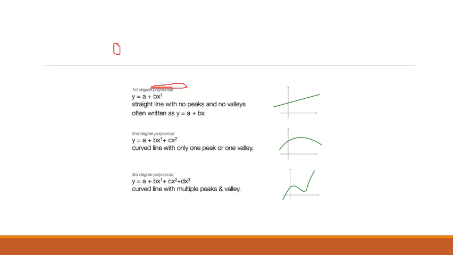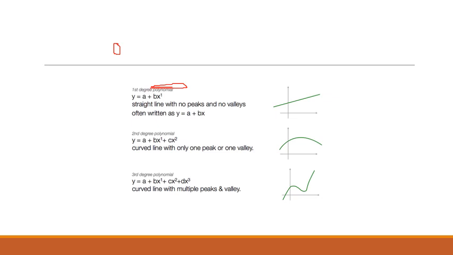So this is the straight line. Now we can see the second degree polynomial, which is also called the second degree equation or parabola. It is a curved line with only one peak or one bend or one valley. This curve is like this.